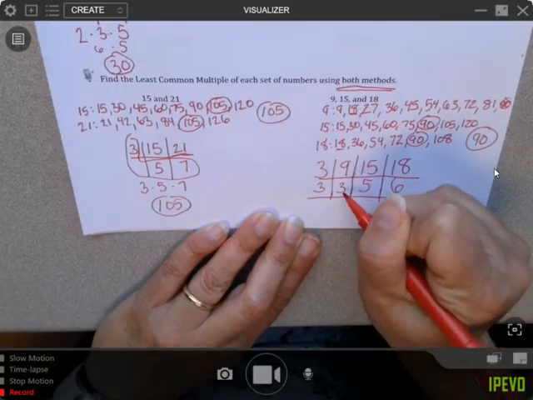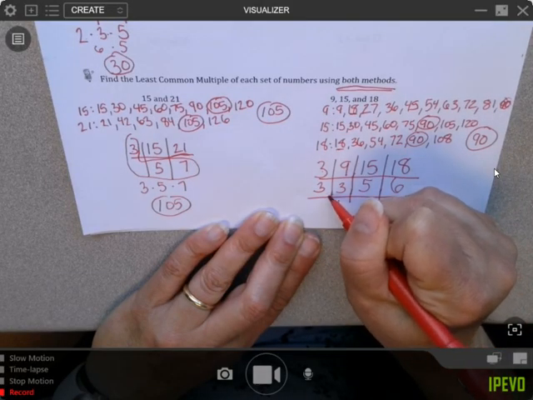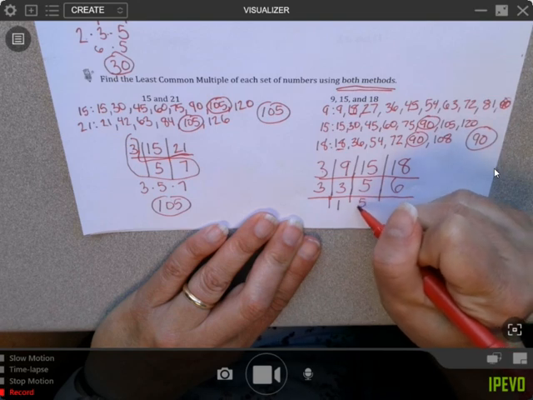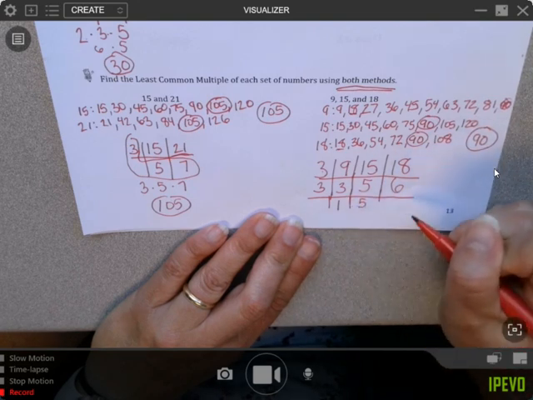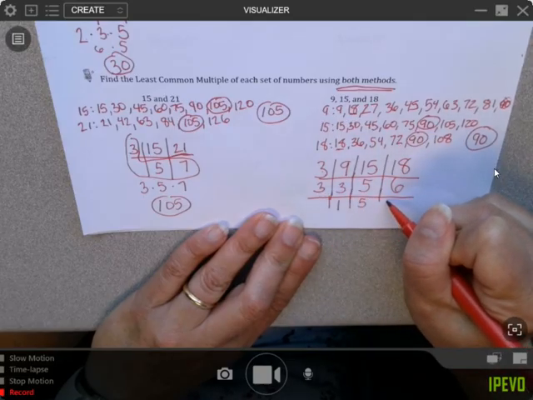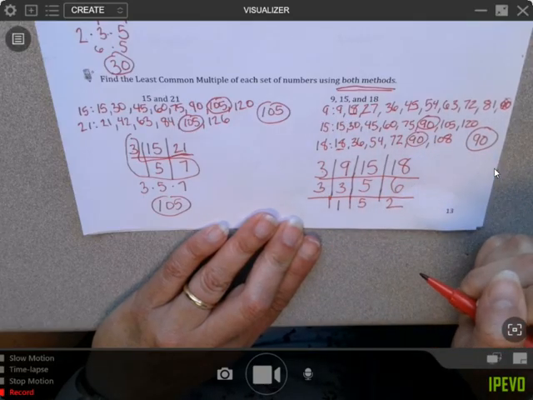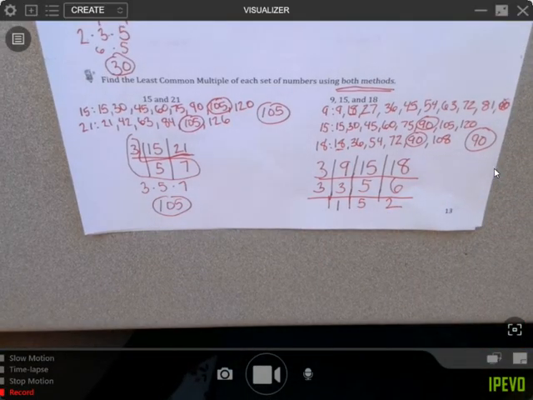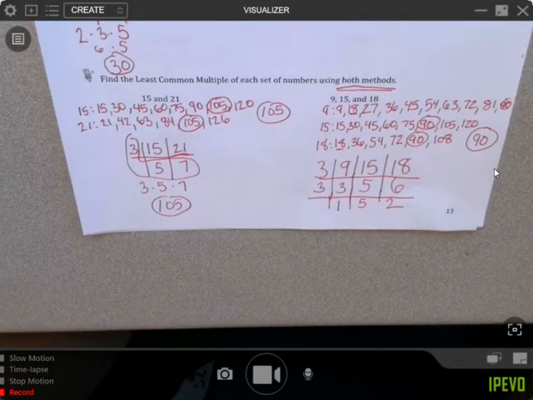I can say 3 divided by 3 is 1. 5 I can't divide by 3, so I'm just going to bring that 5 down. What is 6 divided by 3? 2. So now, can I divide a number out of 1, 5, and 2? No. There's not a factor I can divide out of any of them that would match with another one. Well, not a whole number.